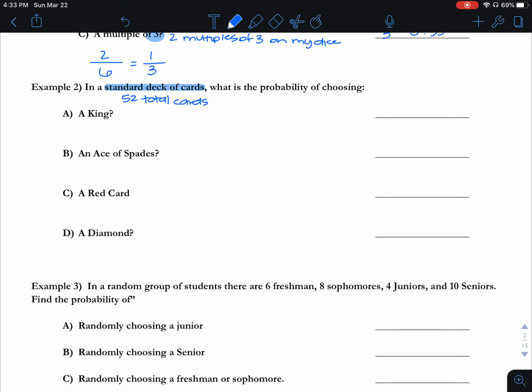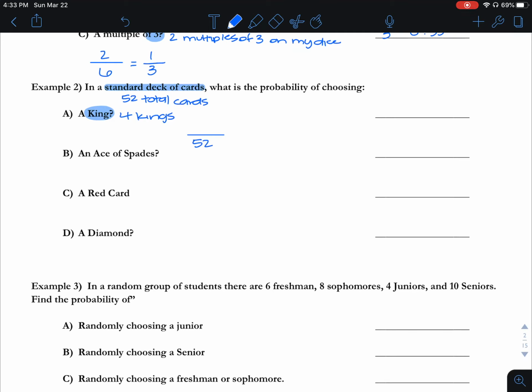Okay, so again, my total is 52. We want to find the probability of a king. Well, how many kings do I have in a deck? Again, if we go back and count, which we actually already did, we only have 4 kings within a deck. So again, I can set up my fraction. My total goes on the bottom. My total is 52.